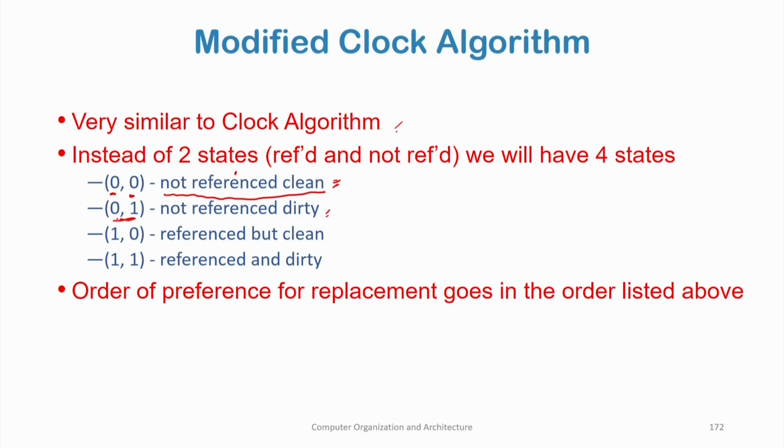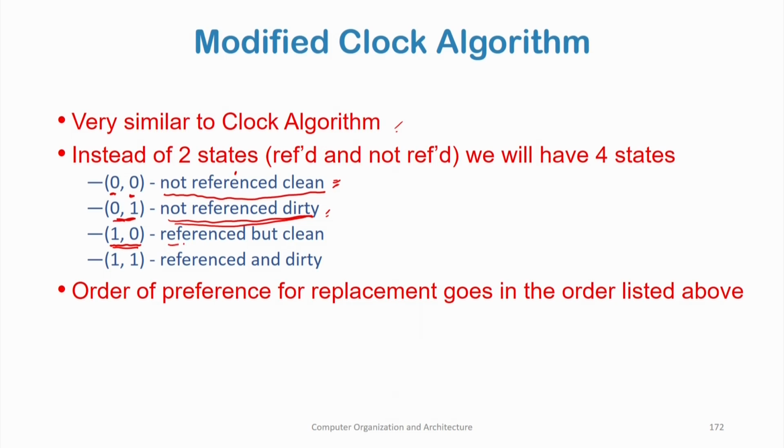If it is 0 1, it is not referenced but it is dirty. So, it is not referenced in the current time interval, but whenever it was last used, it was written to. Therefore, if I choose this page for replacement, I need to first write this page back to disk and then bring a new page. Then the next one is 1 0.